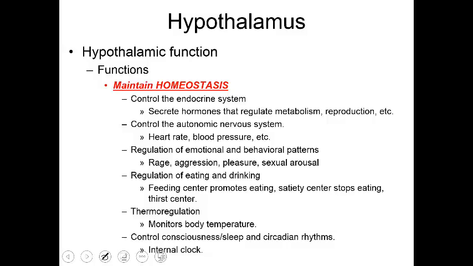So it monitors body temperature, and we looked at the thermal regulation homeostasis circuits in our very first chapter. It's a negative feedback loop. So it regulates the body temperature by monitoring the body temperature. And it also controls circadian rhythms. So circadian rhythms are nothing but the internal biological clock. So when it gets dark, you tend to feel sleepy. When it gets bright outside, you tend to feel awake. So that is because of secretion of certain hormones, and the secretion of these hormones is controlled by the hypothalamus.